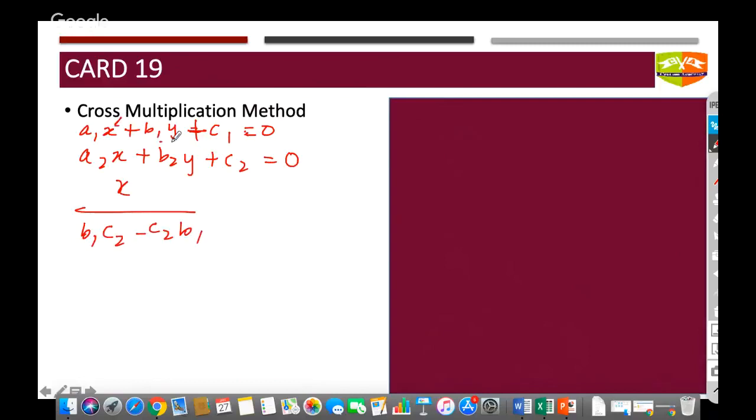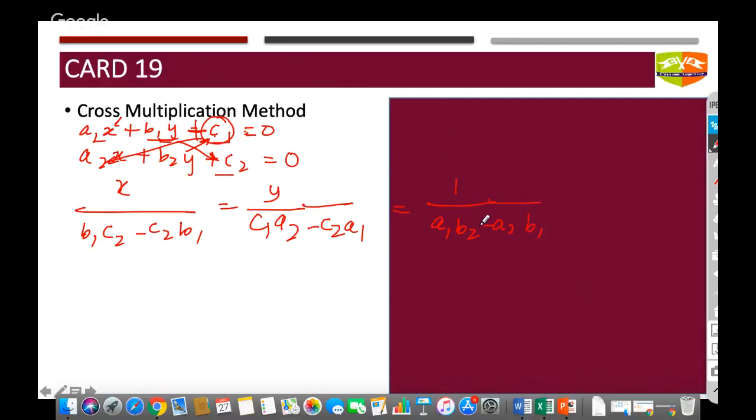So if x is there, I am taking the coefficient of y and the constant. So I have taken b1 and then multiplied here c2, and then I have taken b2 c1. If y is there, I'm taking the first equation constant, so c1, and then I go to c1 a2 minus c2 a1, and then I'll write 1 divided by a1 b2 minus a2 b1. So this is how you can write it.